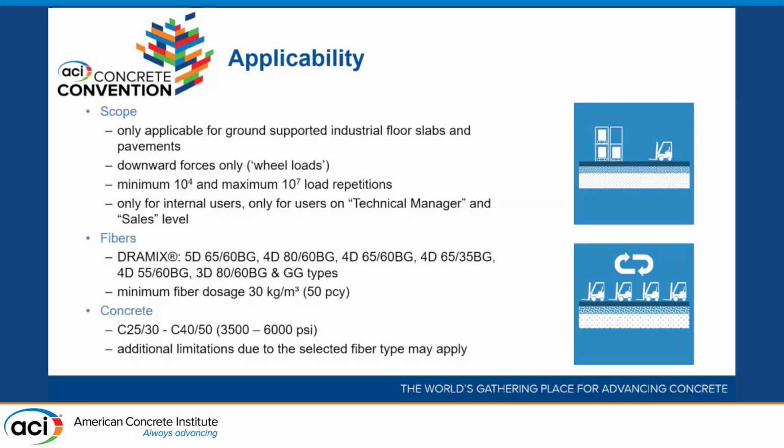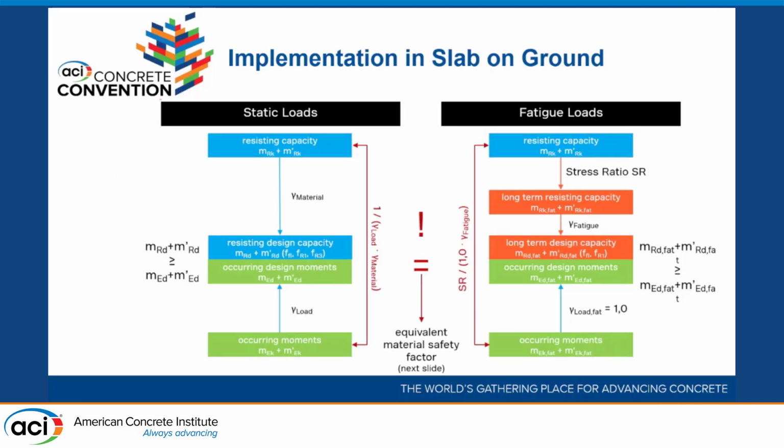These are the fibers that we would use for slabs on grade with this methodology. Minimum dosage of 30, which was mentioned before, and the concrete is between C25 and C40, or 3,500 to 6,000 psi concrete, which is going to cover practically any slab that's out there.